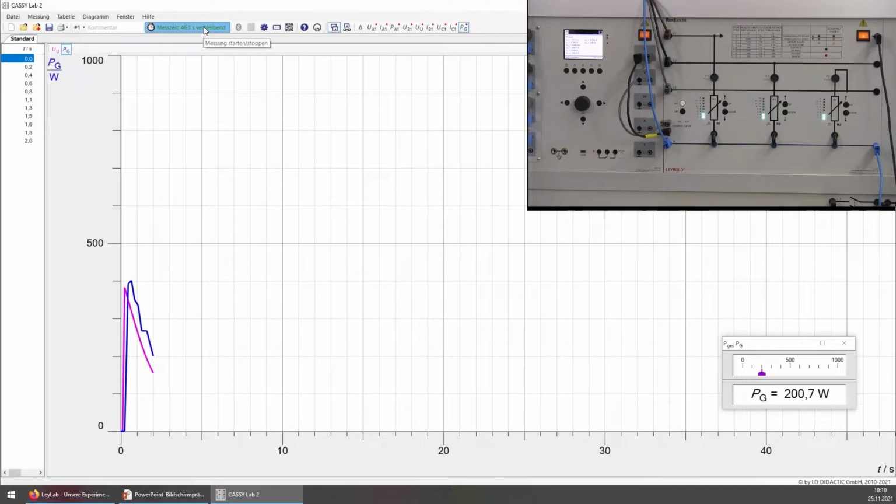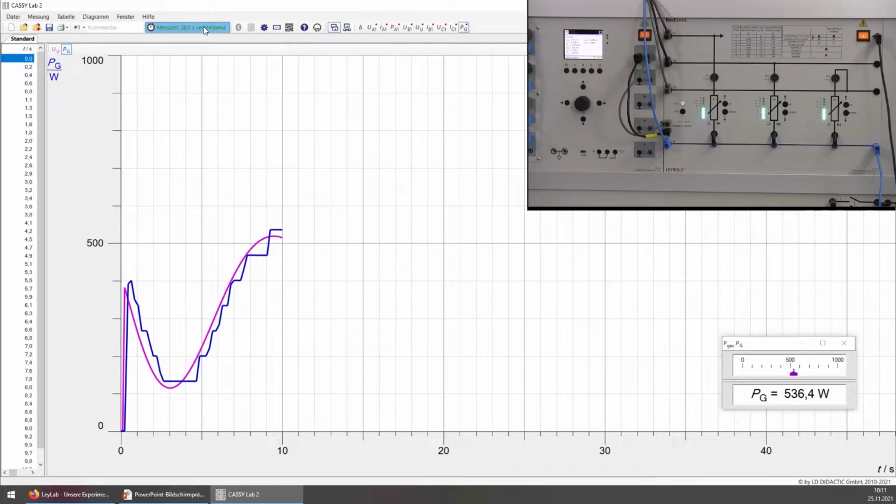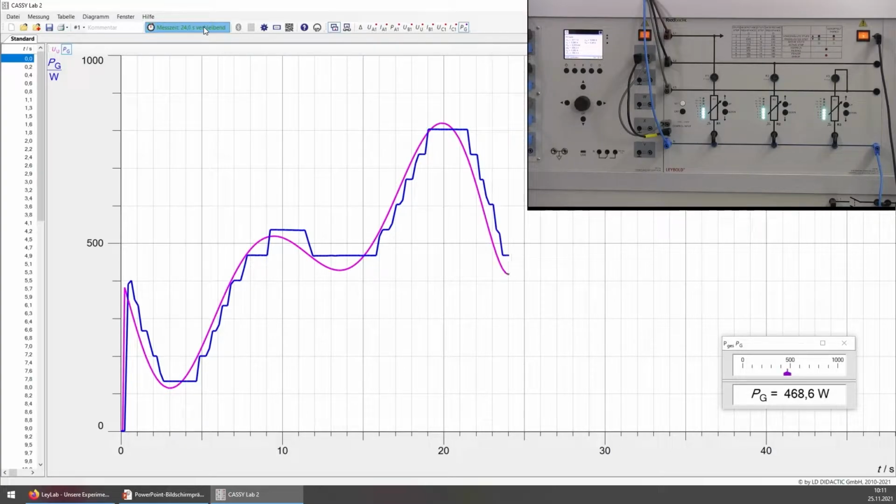So now you can see the pink curve is the predefined load curve of our German standard household, and the blue is the power consumption drawn by our load. As you can see, it is switched in steps because we have 16 steps to cover the whole power range, but we can closely follow the predefined power consumption curve.